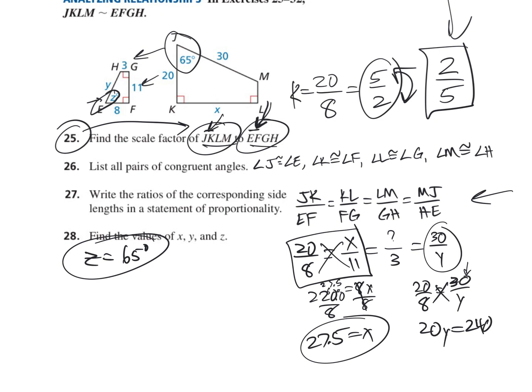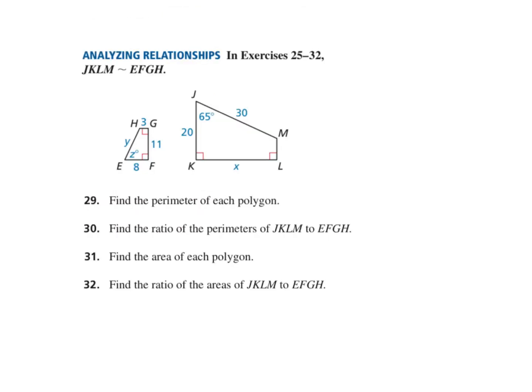So 8 times 30 is 240. Divide by 20. So if we divide by 20, cross out those last zeros, 24 divided by 2 is 12. So that is your Y value. Okay, let's move on to the next one. So we're at 29 here.